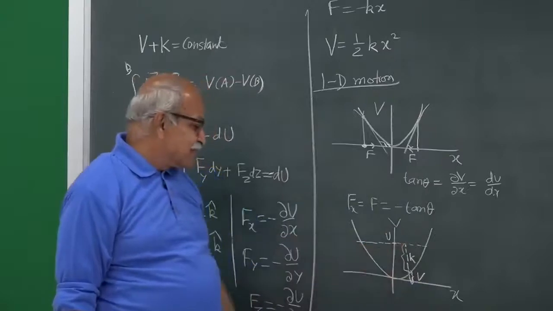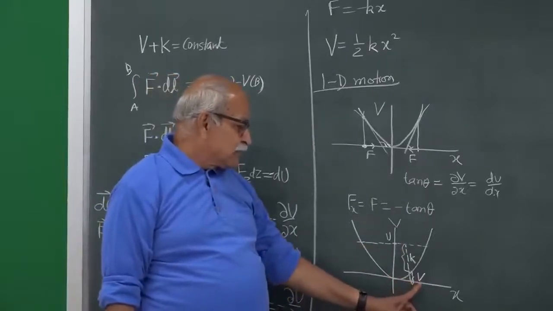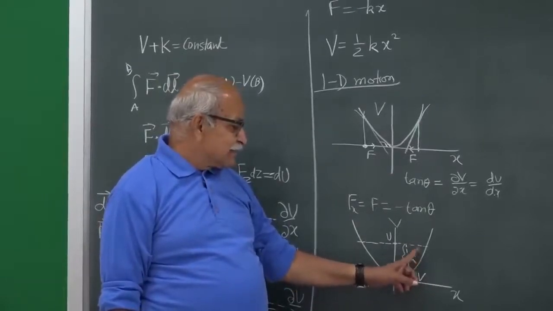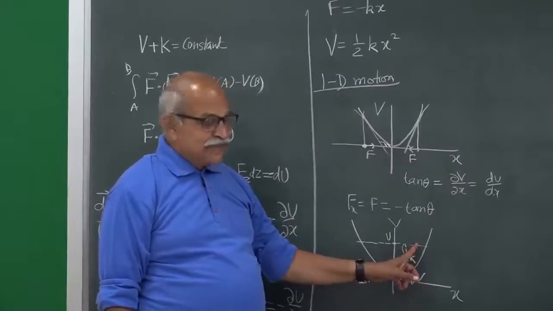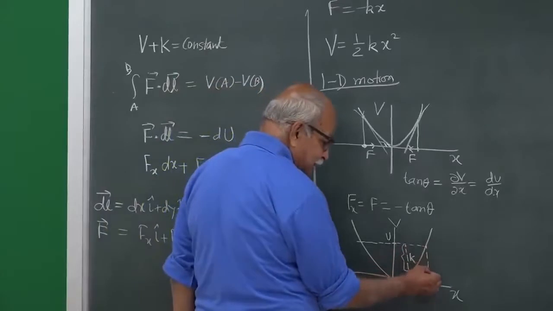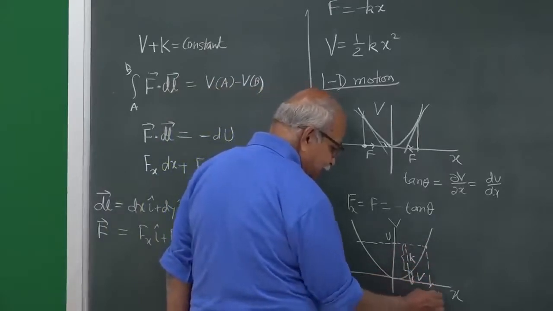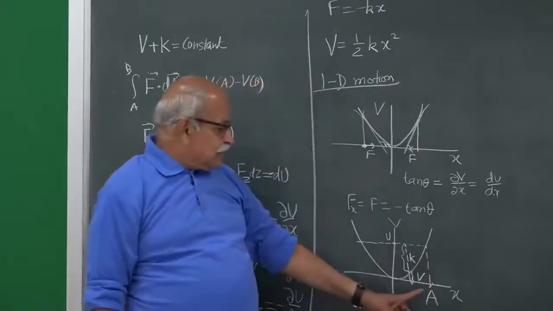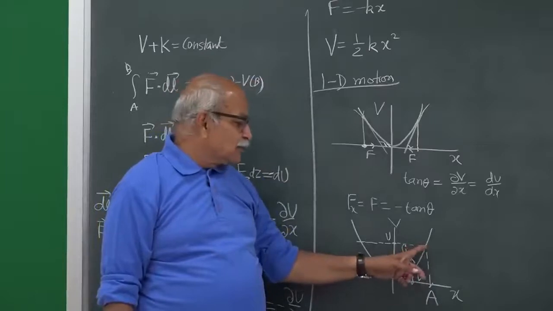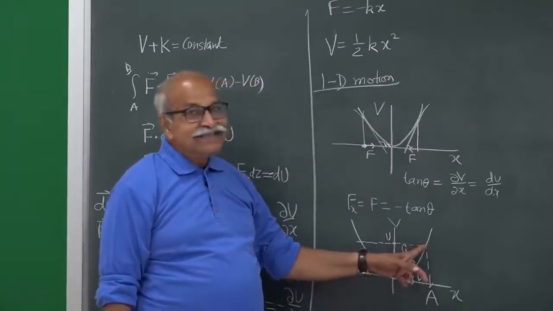Now you can see if the particle is moving away from the origin, the potential energy is increasing, the kinetic energy is decreasing, the total remains U. And if the particle reaches this particular point here, call it x equal to a, what happens? The potential energy is equal to the total mechanical energy, and therefore the kinetic energy is 0.